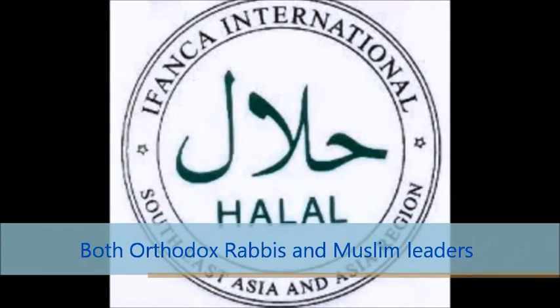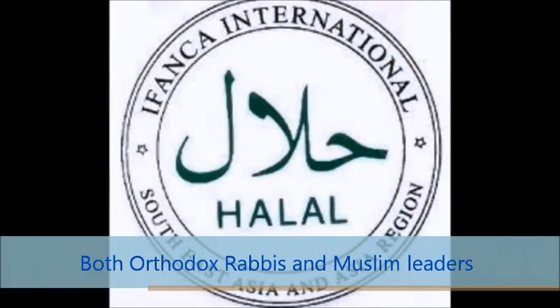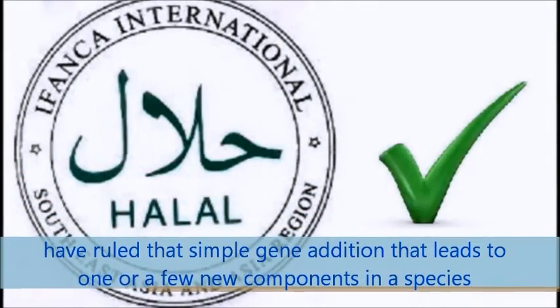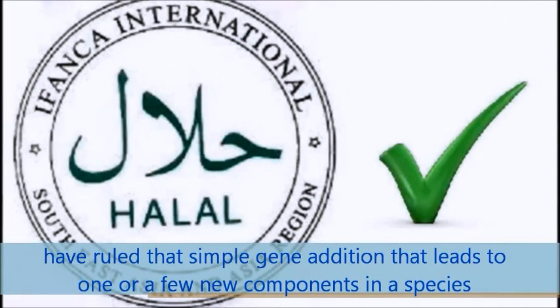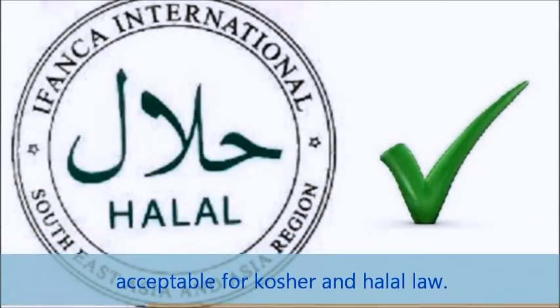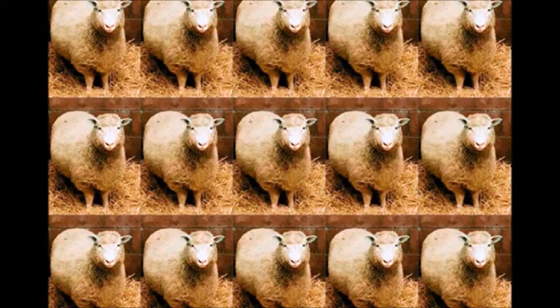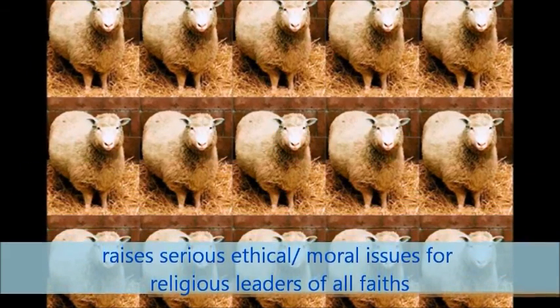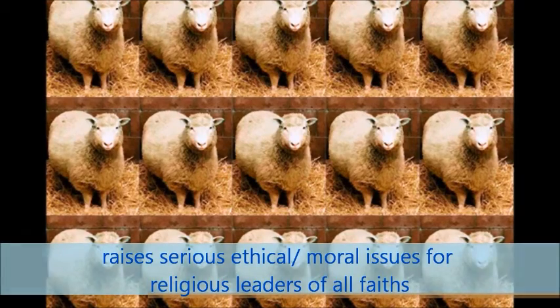Both Orthodox rabbis and Muslim leaders have ruled that simple gene addition that leads to one of a few new components in a species is acceptable for kosher and halal law. However, cloning in particular raises serious ethical issues for religious leaders of all faiths.